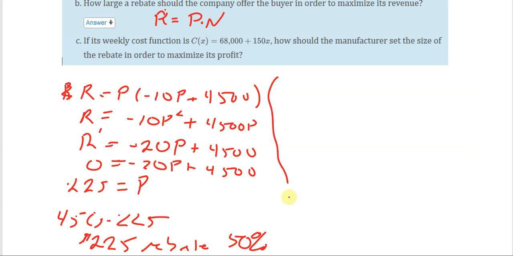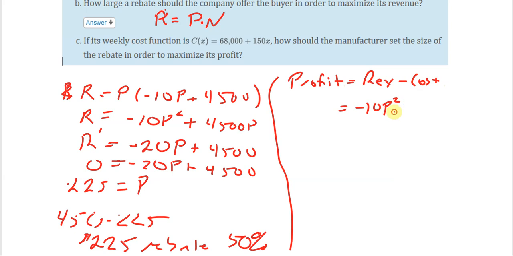So now, if they want to maximize profit, what are they going to do? Well, for the profit, you have to take the revenue minus the cost, right? Profit is the money brought in, revenue, minus cost. So in this case, we already have an equation for revenue, and we've got to subtract the cost: 68,000 plus 150x.